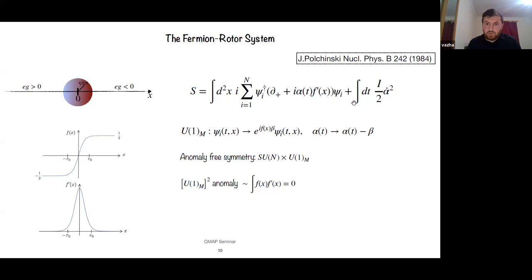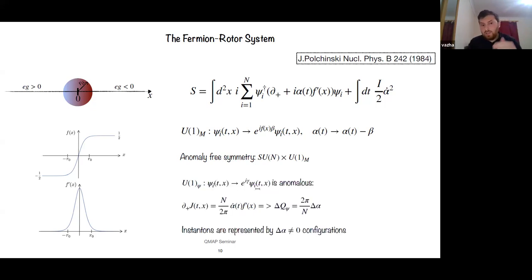Additionally, we also introduce a kinetic term for the rotor, but the meaning of the kinetic term will be clear in a minute. Before that, as we said, we introduced the rotor to guarantee conservation of U1M charge, but introducing the rotor makes another symmetry anomalous. This symmetry is the symmetry of fermion number. If you write down the conservation of the fermion current, you will see that the non-conservation is proportional to the derivative of the rotor field.